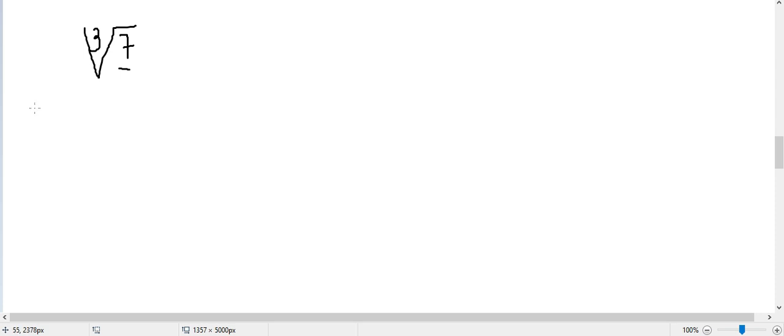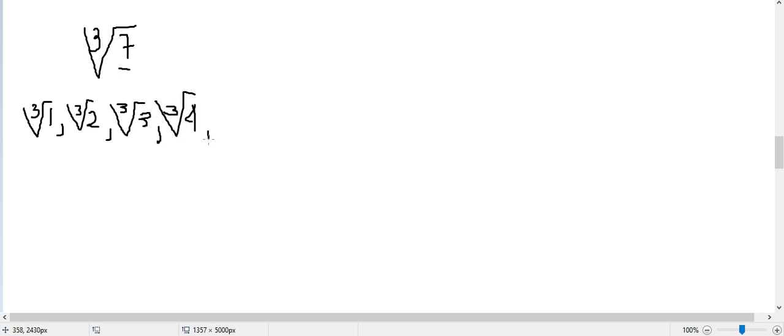First, we are going to list cube root of 1, cube root of 2, cube root of 3, 4, 5, 6, 7.